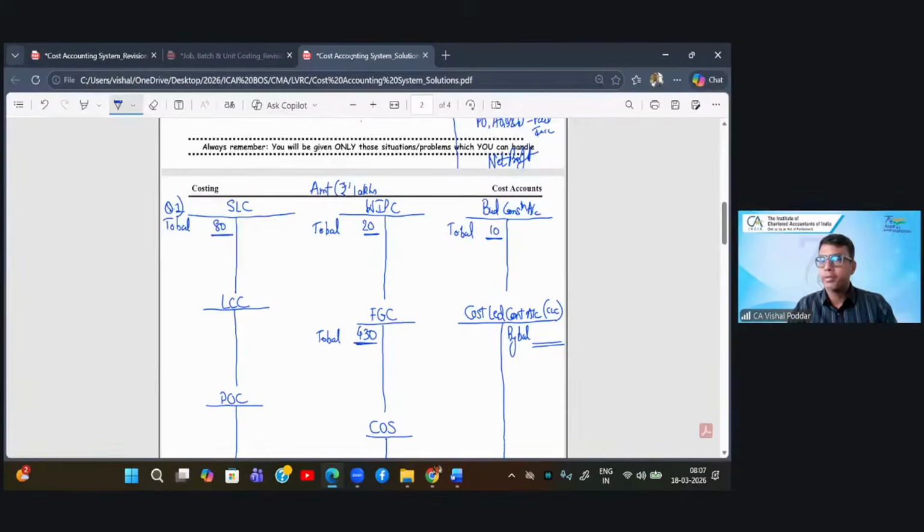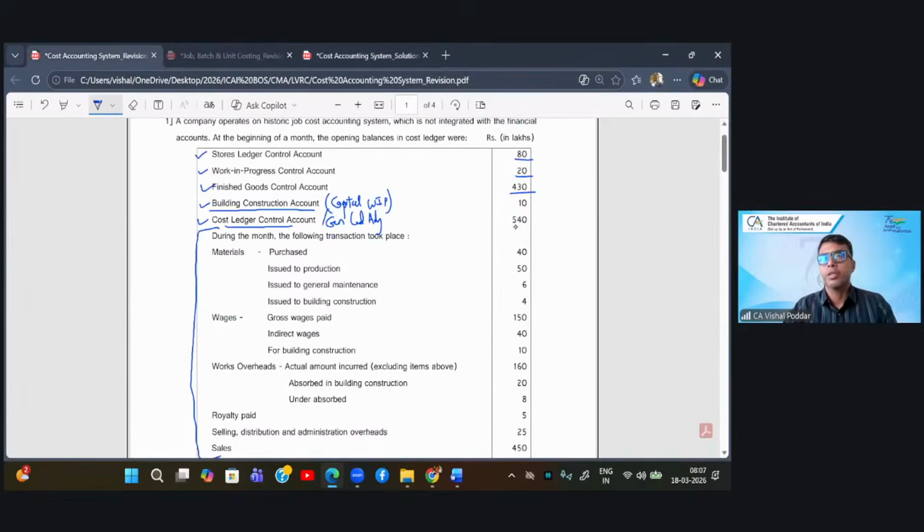These are all the other balances given besides the last CLC. Now just make a total: 80 plus 20, 100, 100 plus 10, 110, 110 plus 430 is 540. So without even seeing what balance is given in the question, I will directly write the total of this. Now see, it has to tally.